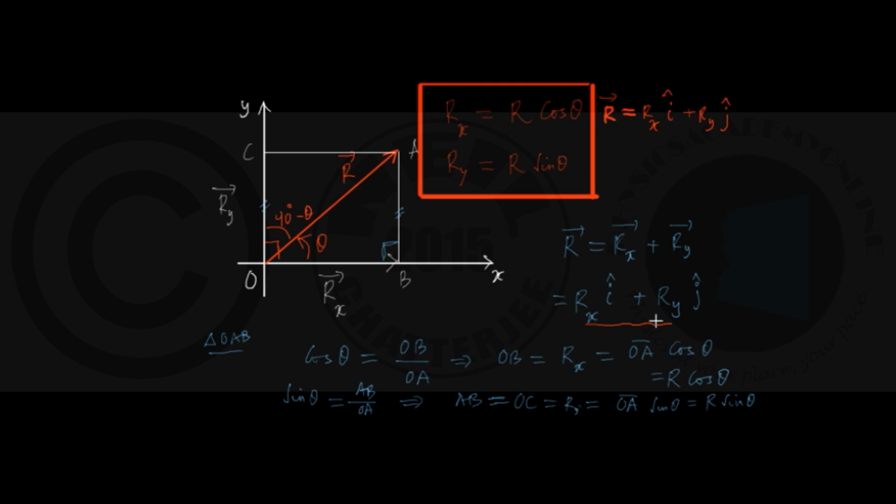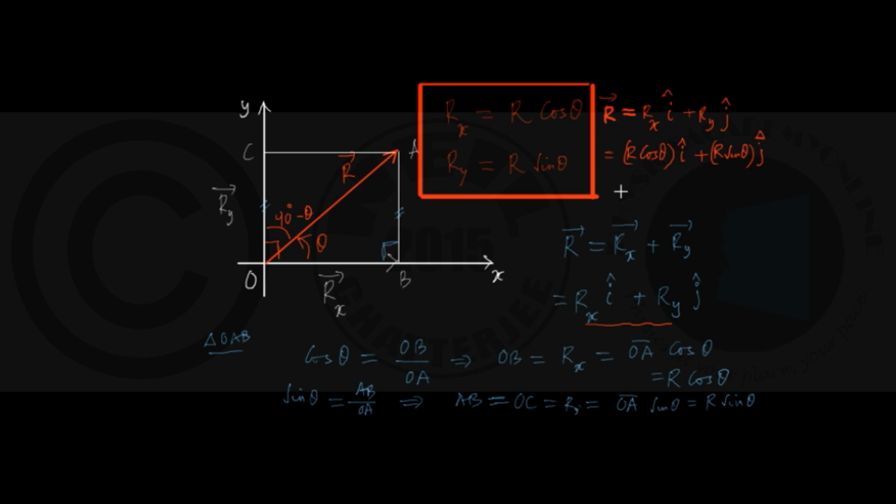Same thing I am writing. Now that is same thing as writing r cos theta, that is our newfound result, i cap plus r sin theta j cap. This is the way you could express with the help of unit vectors i and j.